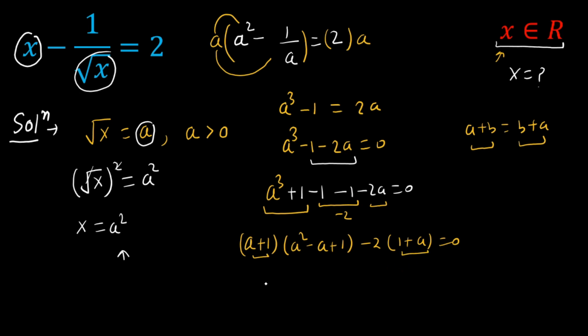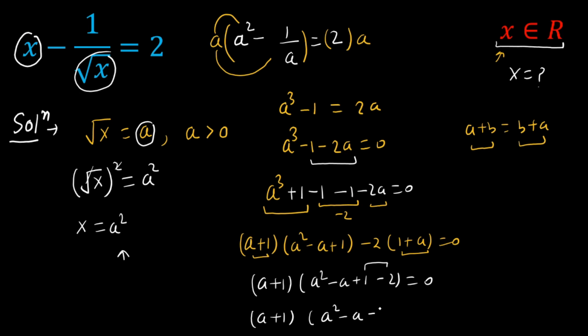Now if we take a plus 1 common, then a square minus a plus 1 minus 2 equals 0. Here a plus 1 is multiplied by a square minus a, and 1 minus 2 is minus 1, and this equals 0.